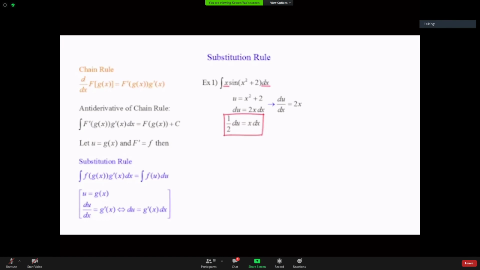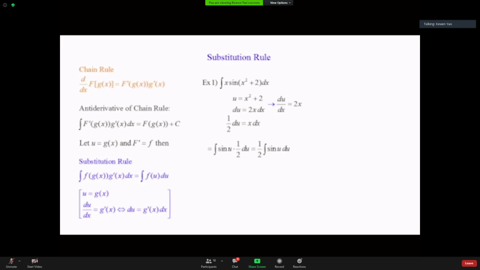We now substitute back in the integral exactly what we have in the substitution box. 1/2 du replaces x dx, and u replaces x squared plus 2. This gives us the integral of sine of u times 1/2 du. 1/2 is a constant, which can be placed outside the integral, giving us 1/2 the integral of sine u du.